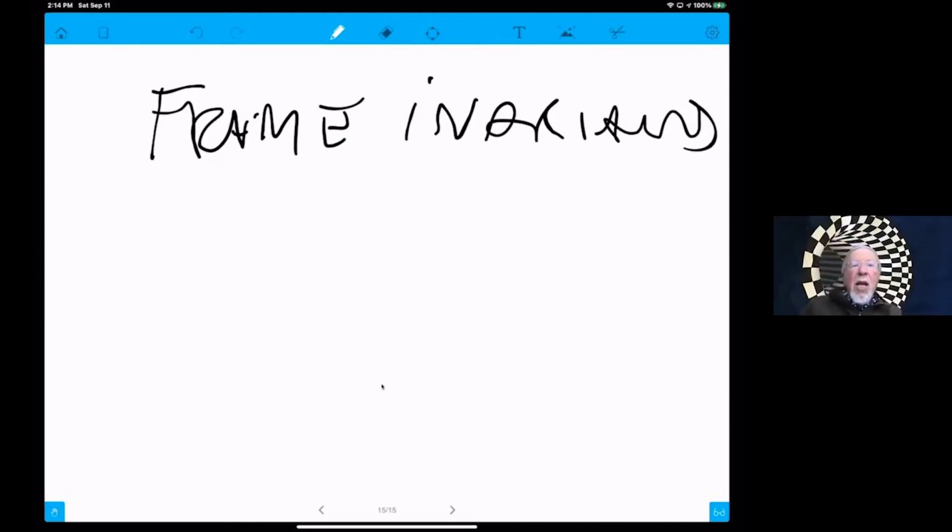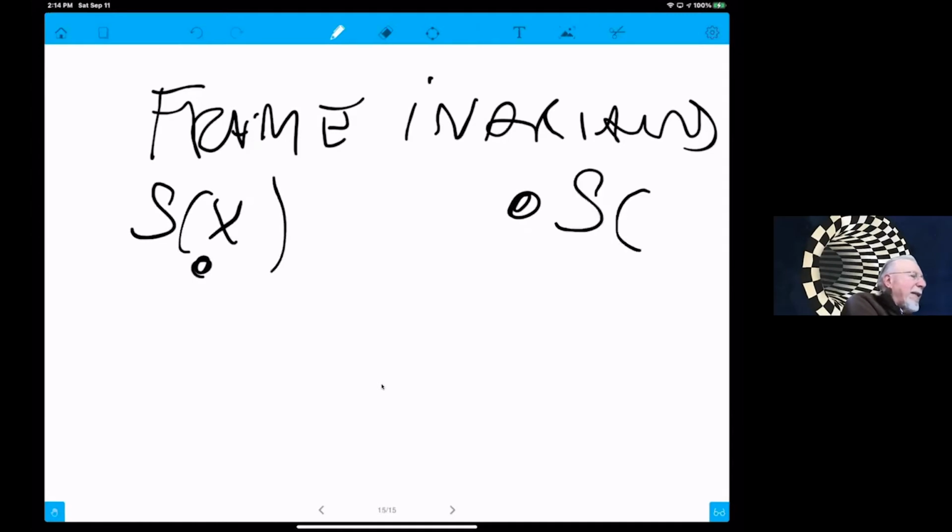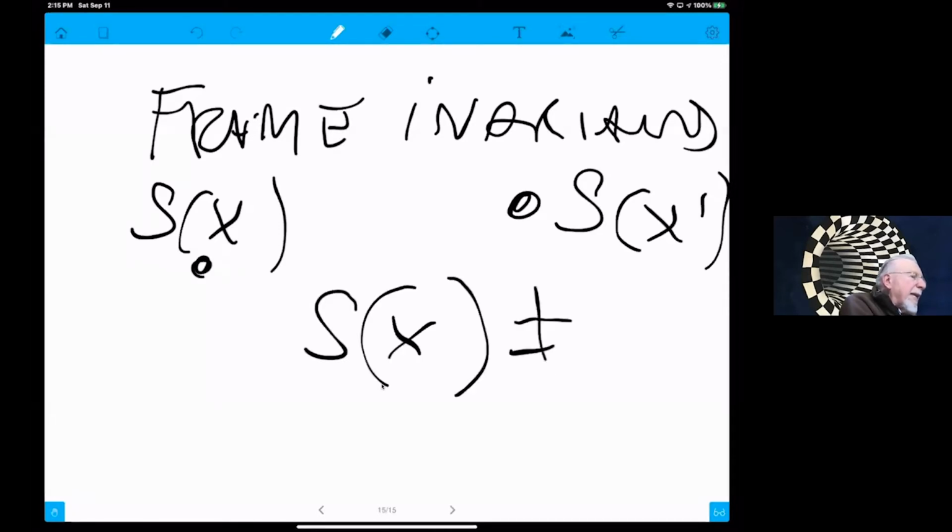Okay. So that means in the case of here and here, I can have a scalar field at X here and that same scalar field evaluated there, where S of X is not the same as S of X prime.